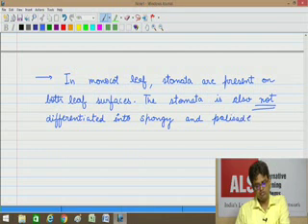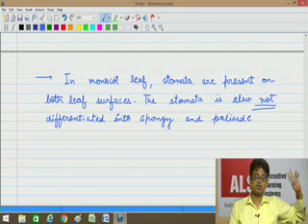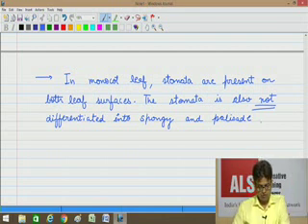There is no differentiation in mesophyll. So, all mesophyll cells are exactly the same. There is no distinction. It is not differentiated into spongy and palisade mesophyll cells.